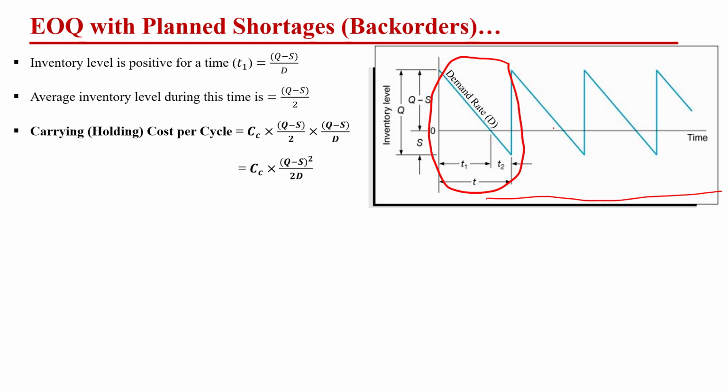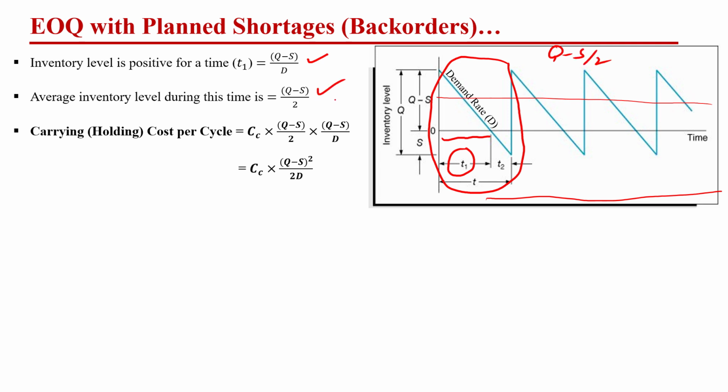First of all, in order to calculate the carrying cost, we know that T1 is the time period in which we have the inventory, and how we can calculate T1: that is going to be the maximum inventory divided by D. So (Q minus S) by D would be the time in which we have the inventory, and then this time is going to be multiplied with the average inventory. What would be the average inventory? That is going to be the maximum inventory divided by 2.